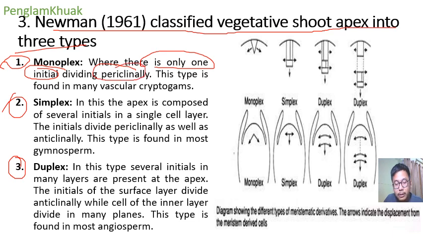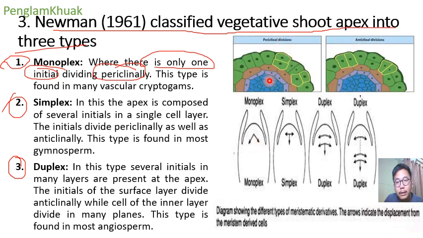That is, it divides parallel to the surface. Only one initial divides periclinally, and this type is found in many vascular cryptogams. Cryptogams means pteridophytes. Vascular cryptogams are those cryptogams which contain xylem and phloem.